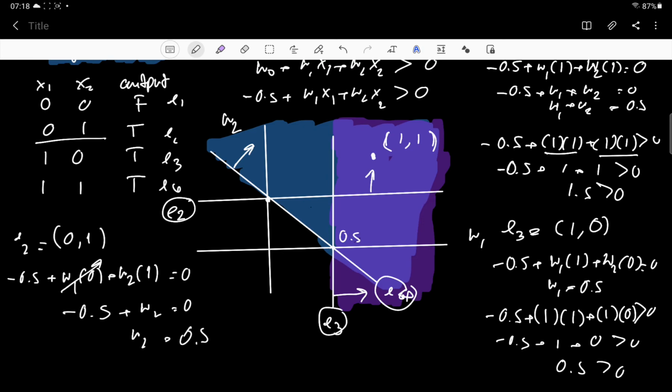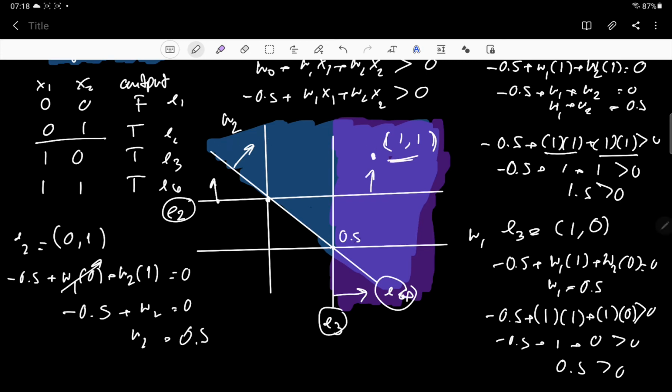Which part of this line will classify this example to be positive? The answer is, you can imagine that this one is the positive one. You can check that.